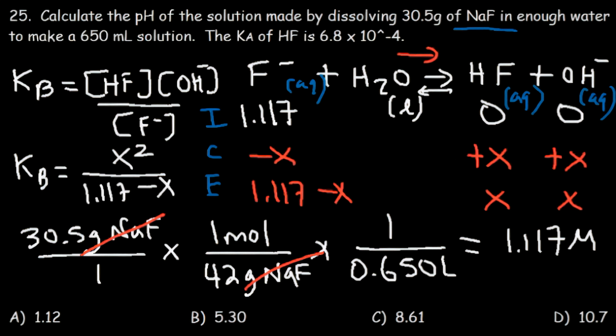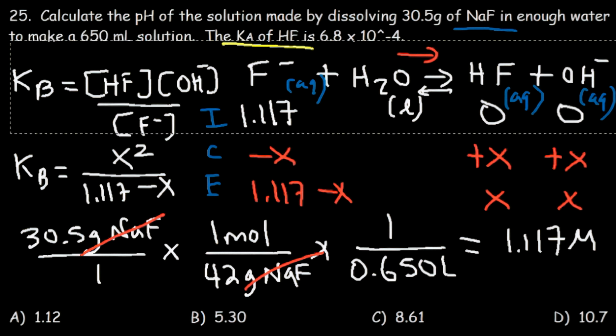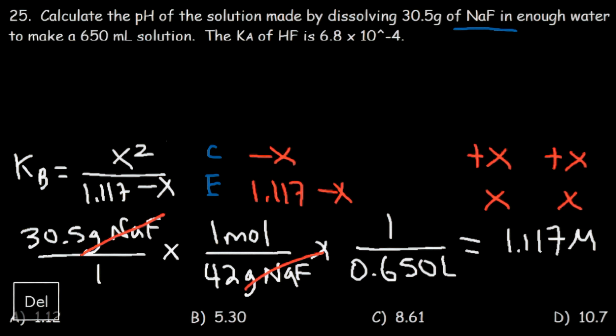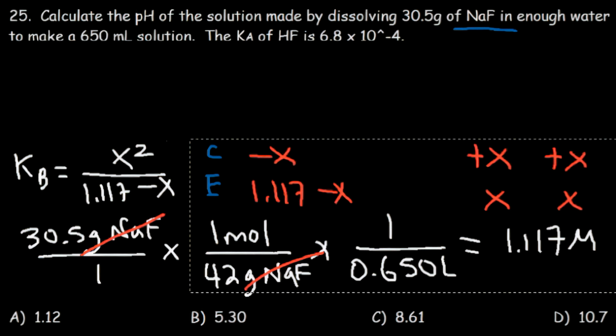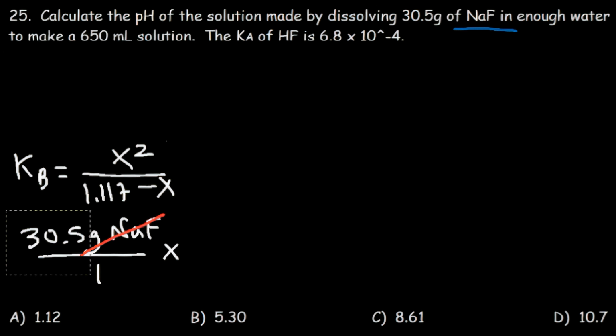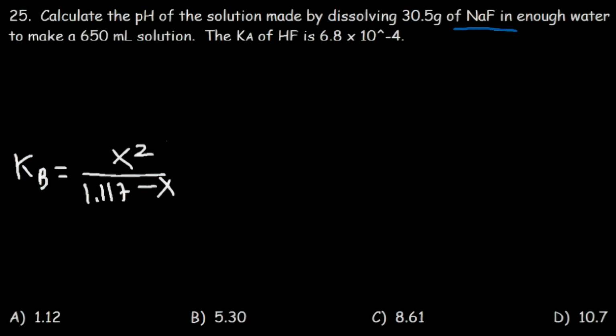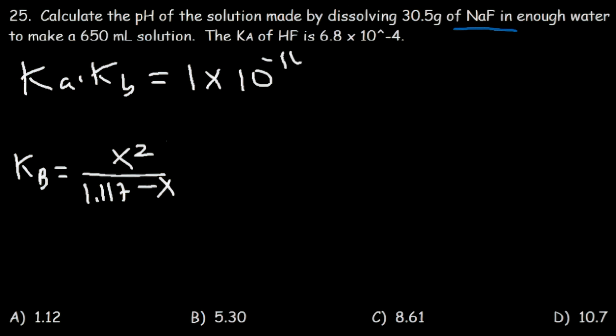Now notice that we don't have the value of Kb. Instead, we have the value of Ka. But we can find Kb from Ka. So let's go ahead and do that. But first, let's make some space. So Ka times Kb is equal to 1 times 10 to the minus 14.